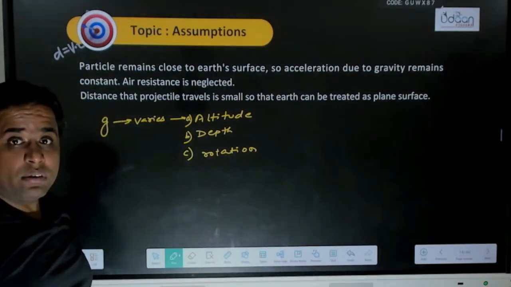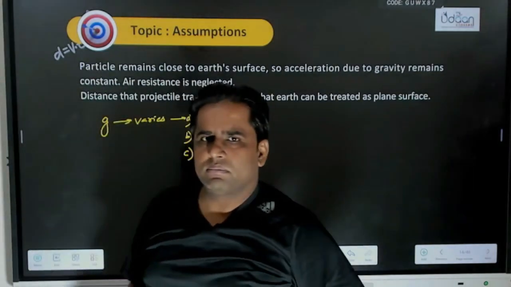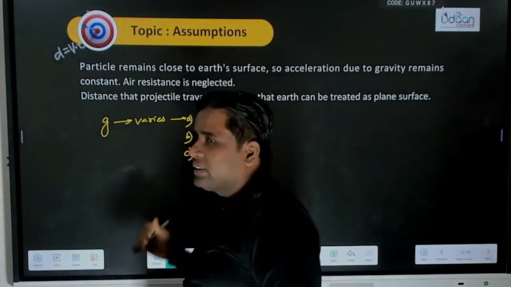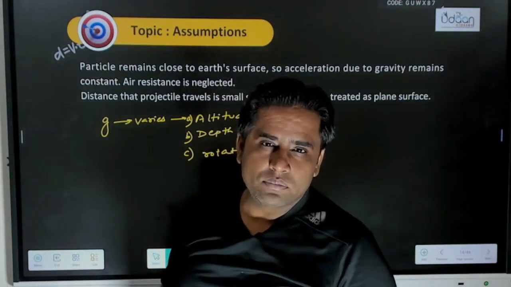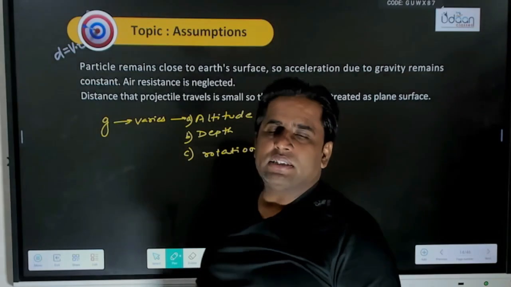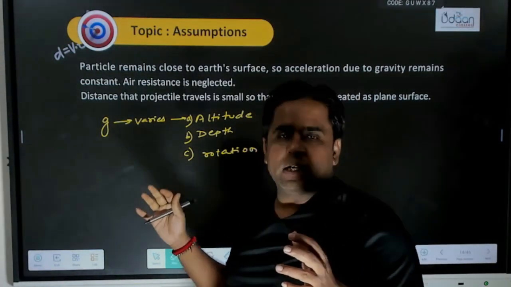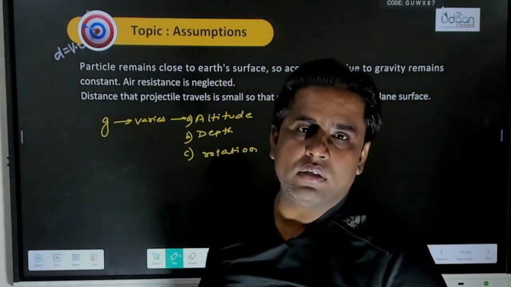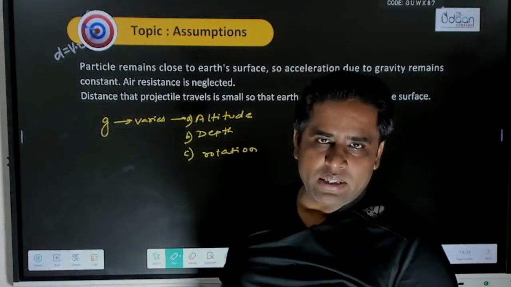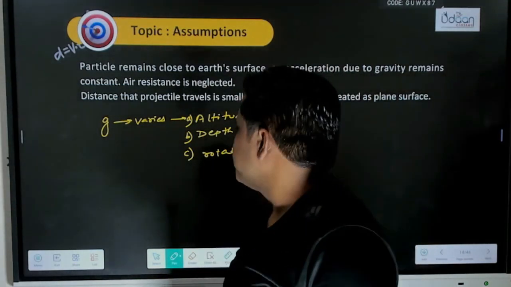Is Earth rotating? Say yes or no? Yes, definitely yes. And if Earth is rotating, must the acceleration due to gravity vary? No. Why? Because it is under the influence of a very constant velocity, and that velocity of Earth doesn't affect the value of acceleration due to gravity.